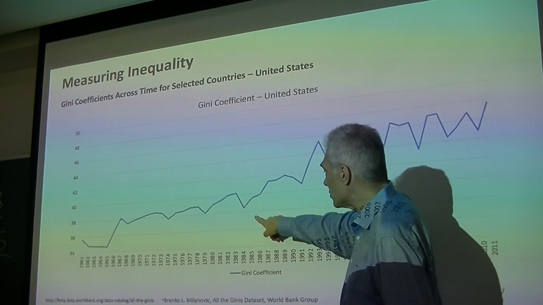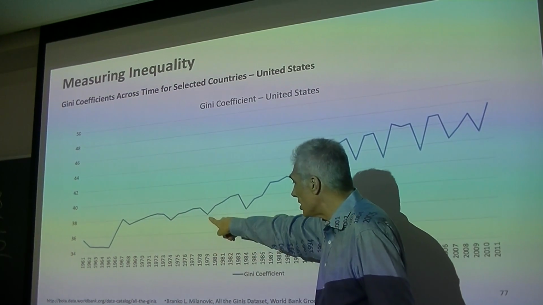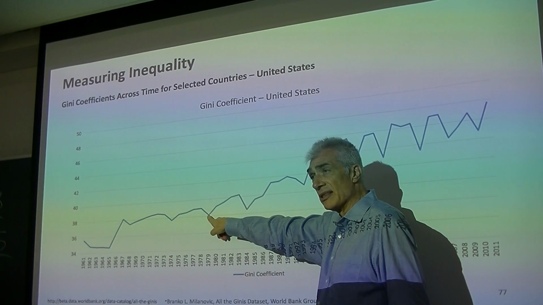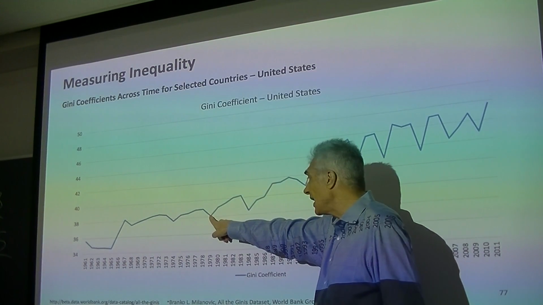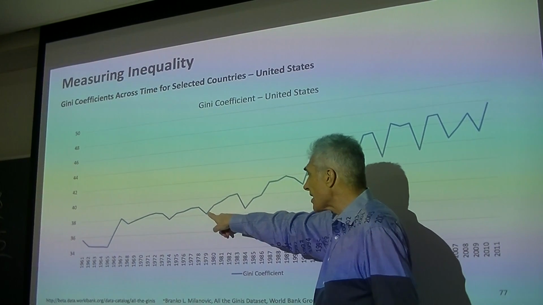An interesting thing is that this is the election of Ronald Reagan as President of the United States, a conservative president in 1980. And there were tax cuts that were passed.